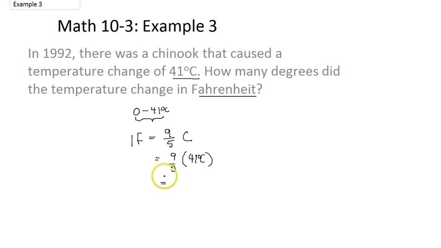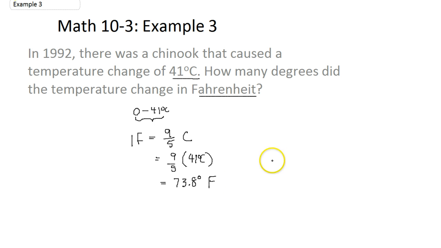Let's do that on our calculator: 9 divided by 5 times 41, and we come out with 73.8 degrees Fahrenheit.